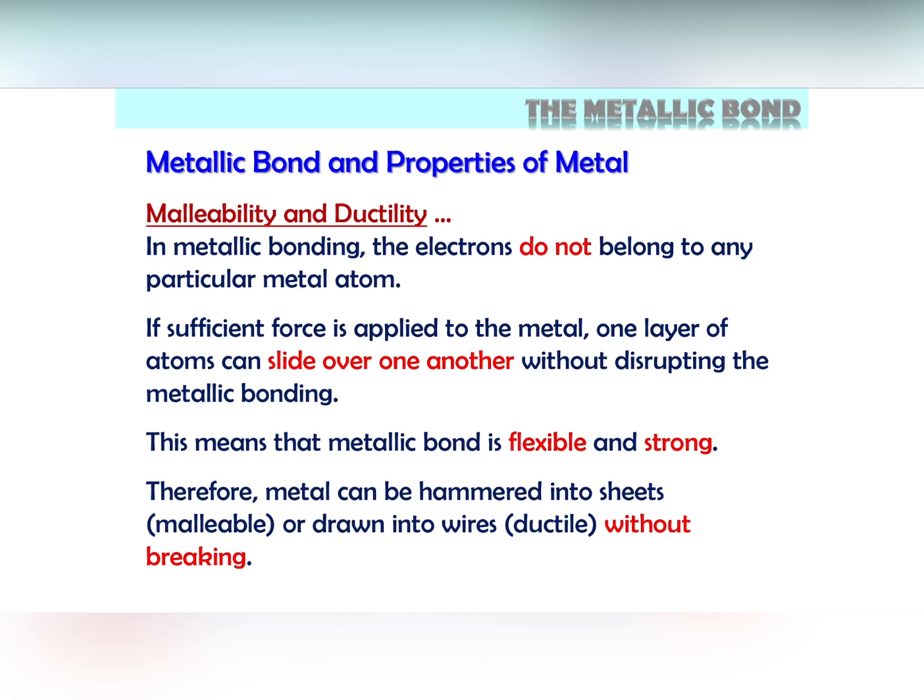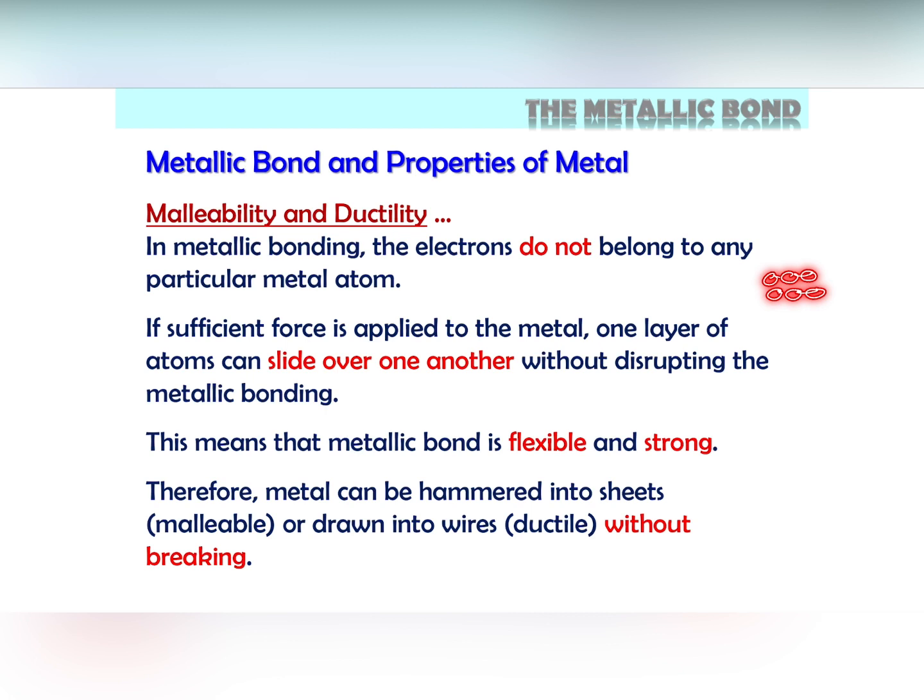Okay, so in this case, if sufficient force, bila kita bagi tekanan yang tertentu to the metal, one layer of the atom can slide over one another without disrupting the metallic bond. So contoh, let's say you have, okay, ni satu layer, dua layer.